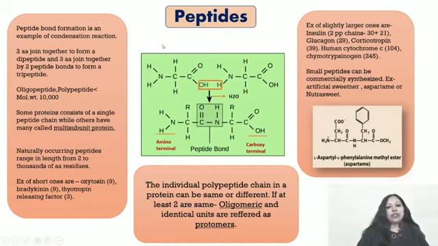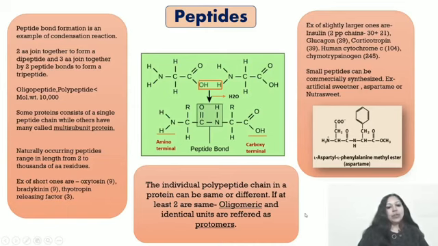Now, peptides range in length from 2 to 10,000 residues, and they are termed dipeptide, tripeptide, oligopeptide and polypeptide. Polypeptides, formerly called proteins, may consist of a single peptide chain, while others have many chains, called multi-subunit proteins.